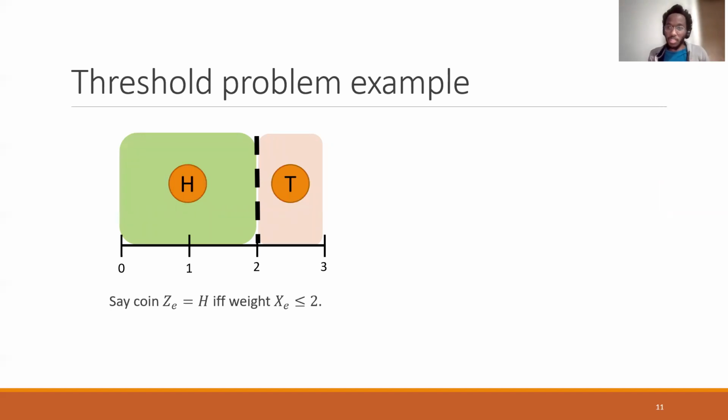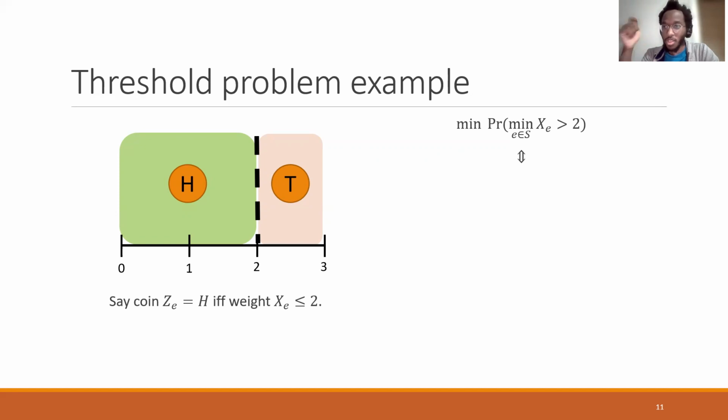So let's go through an example of a threshold problem. In this threshold problem, it's nice to describe things as coin flips. Let me first explain what I mean by that. You have this objective function, which is the probability that the min of all the elements you choose is greater than 2. This is equivalent to saying that you identify each element e with a coin.